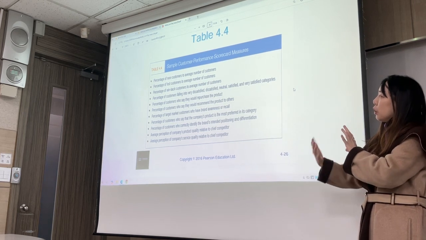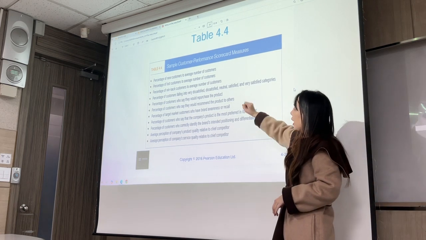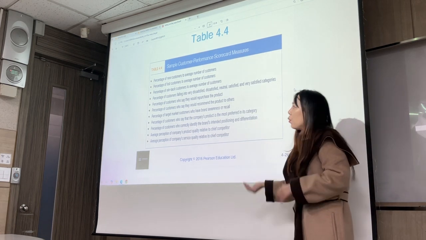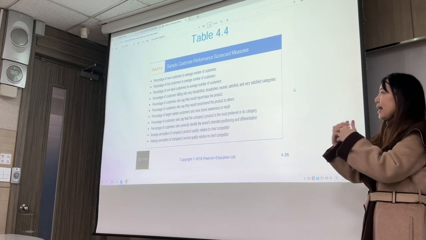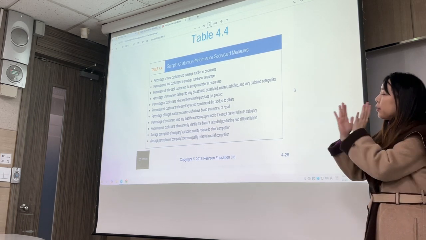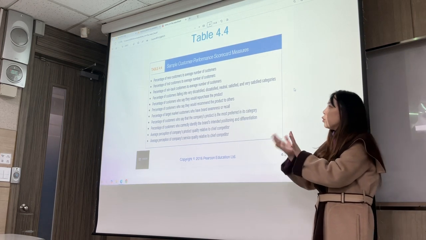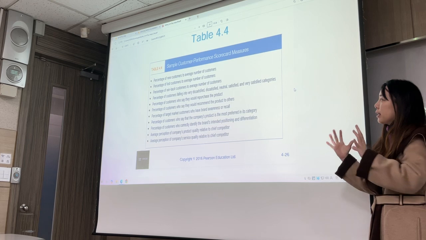So you have to calculate the percentage of the repurchasing rate, and also you can ask for recommendations. So at the end of your survey you can also ask whether they would recommend this product or that service. This will be very helpful to know about expected market share.